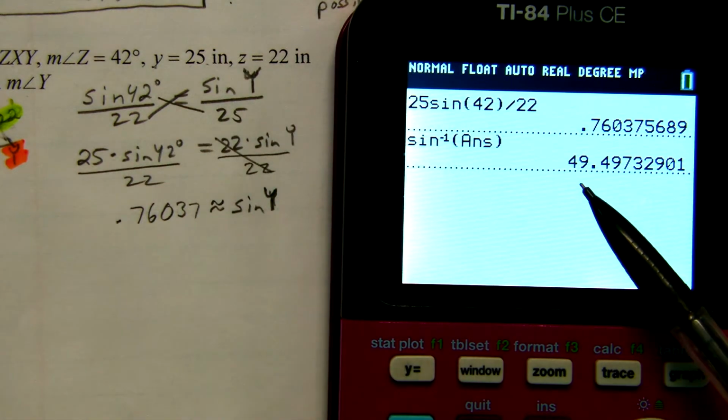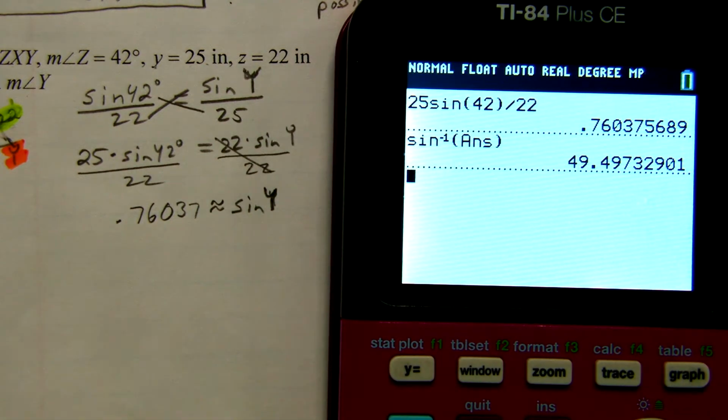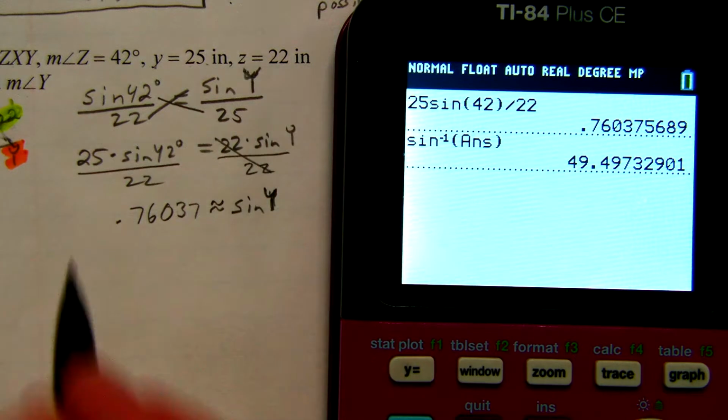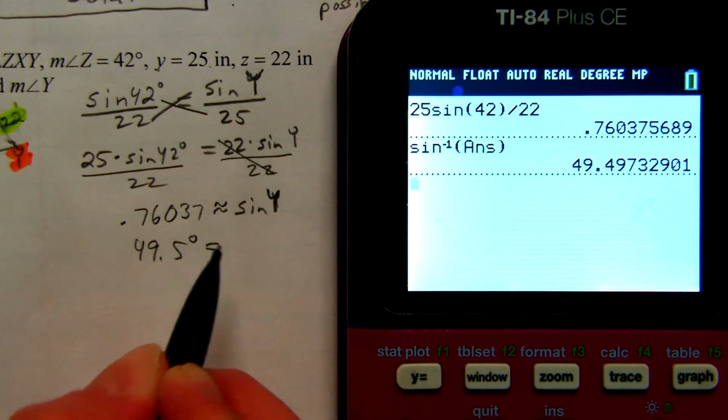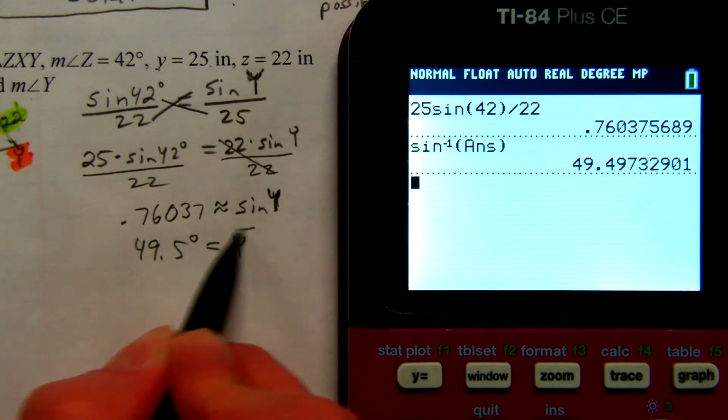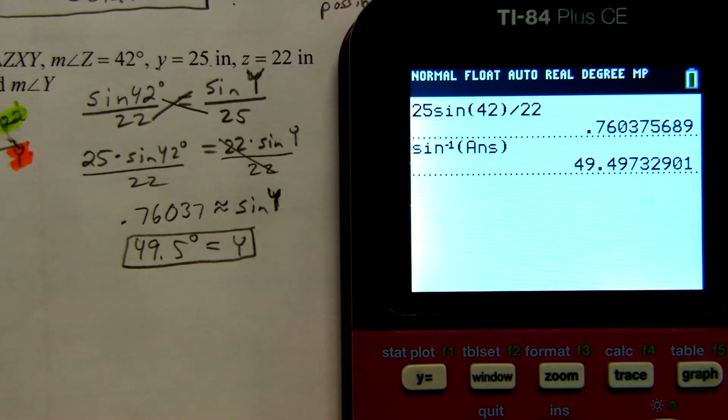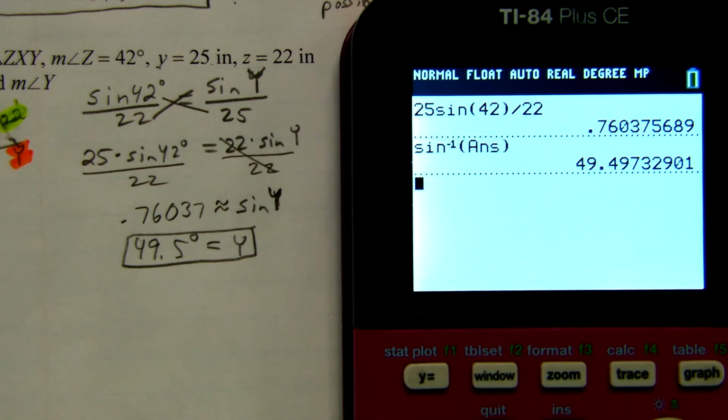And so this comes out 49.49. Since it says to round to tenths in the directions, I'm going to say it's 49.5 degrees is angle Y. Okay? And so we know one of them exists because it worked.